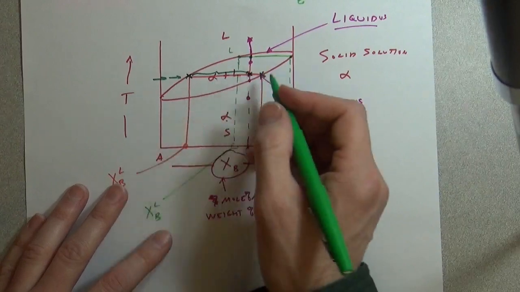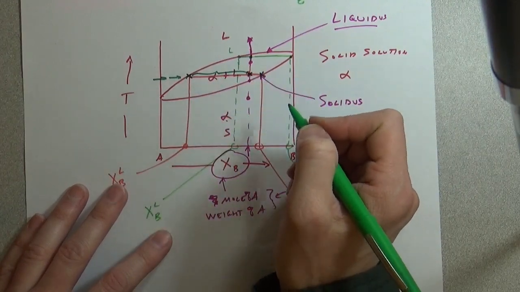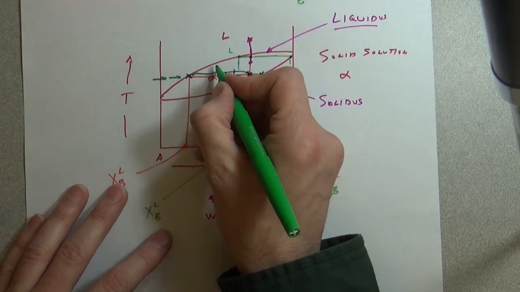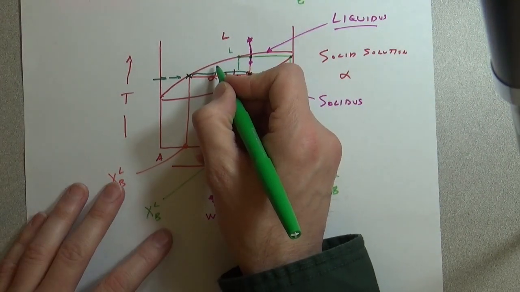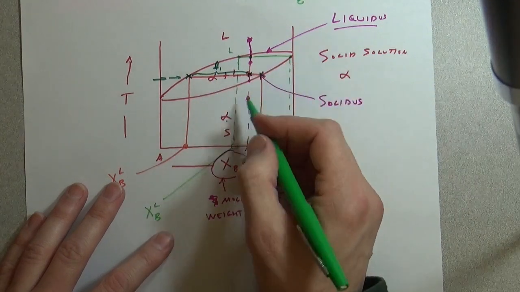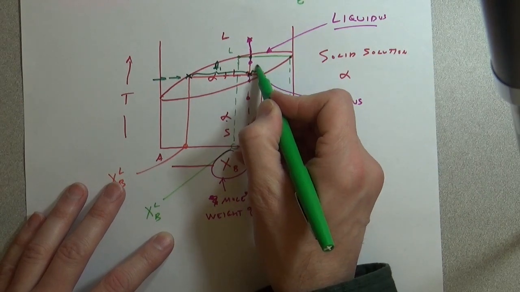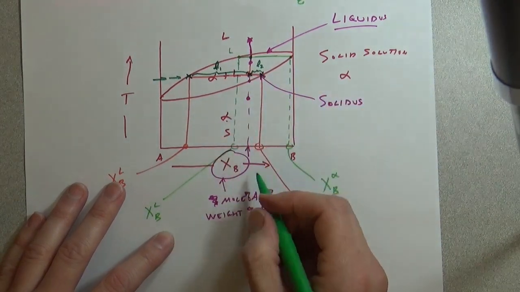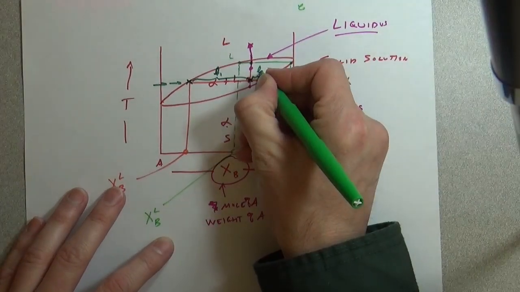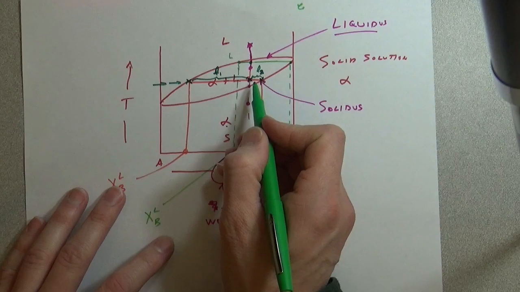Let's call this little L1, and then we call this distance little L2. Okay, so we got these two parts of the tie line.